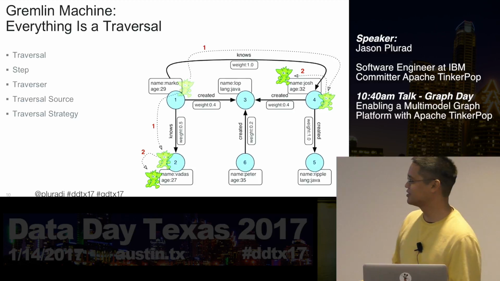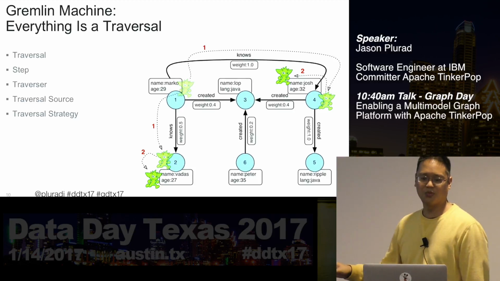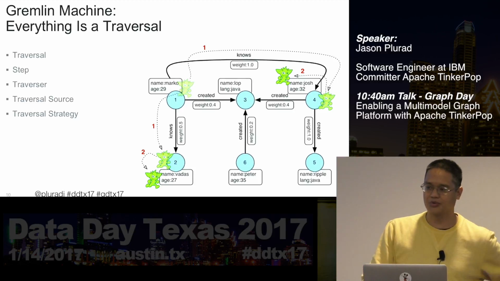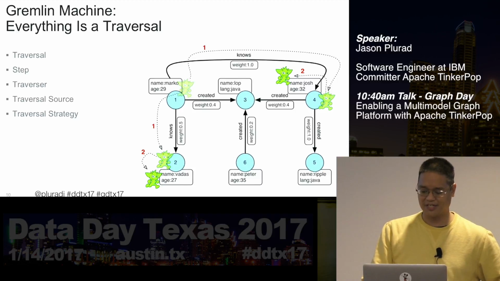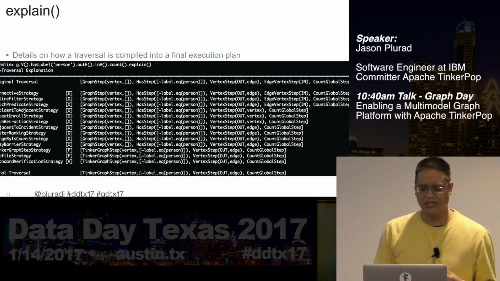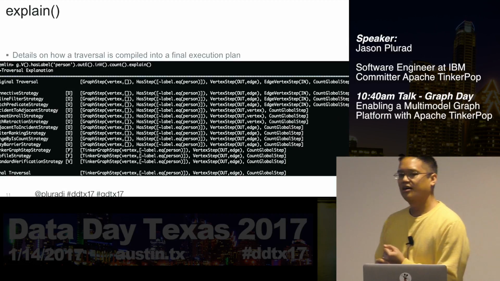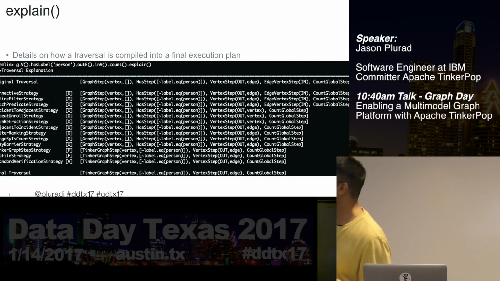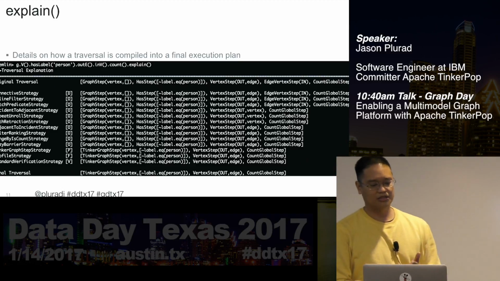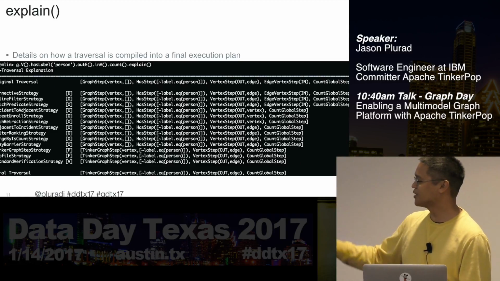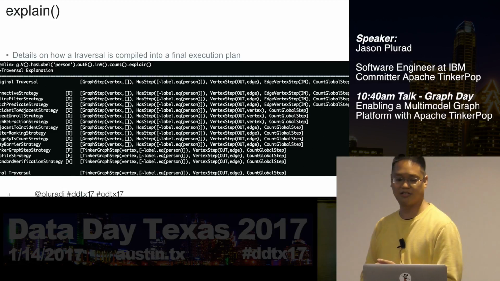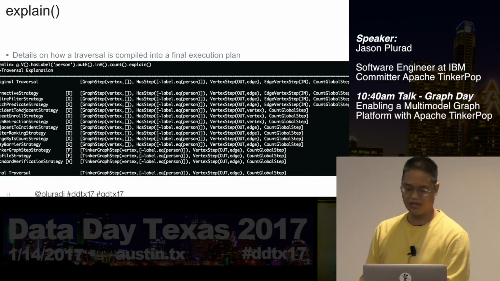But ultimately, it comes down to the traversal strategy, where we can start simplifying that walk through the graph into something that compiles down at execution time. With this explain step, we can start looking at taking a Gremlin query string and boiling it down into the actual compiled steps. On the left side, we have a list of out-of-the-box traversal strategies that come with TinkerPop.